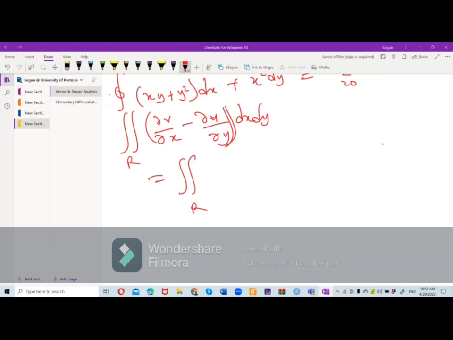In this case, it is what? d/dx of x squared, minus d/dy of x squared, xy plus y squared, or is the x dy.